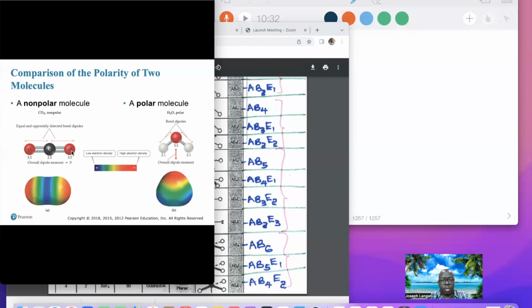Therefore, it pulls the electrons to this side, and it pulls the electrons to this side, and there is an overall dipole moment of 0. We say the molecule is non-polar. It has to do with the trend in electronegativity. If you look at H2O, we see the molecule is polar because of the net distribution of electrons.